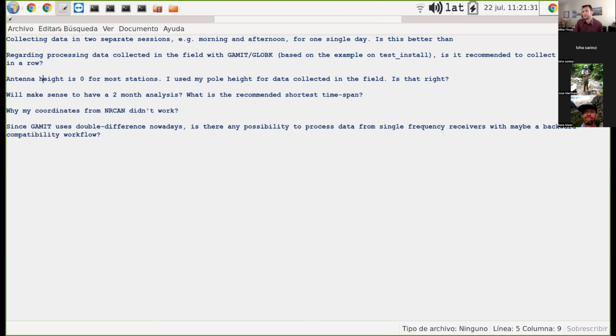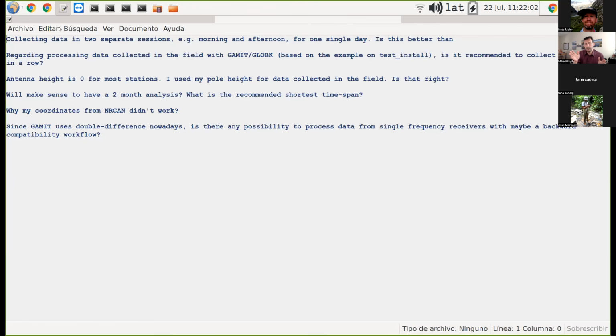The first three that I have here: does it make sense to collect data in field campaigns in the morning, then a pause, and then in the afternoon, and will it give a sense in Gamut when it processes the data for that date? If you do the Gamut, remember that Gamut processes a UTC day.